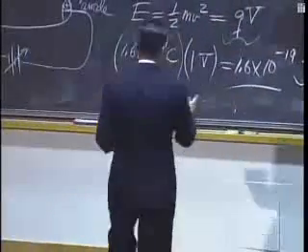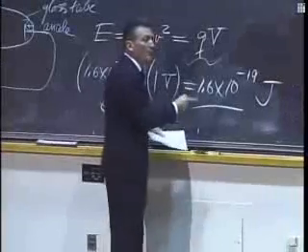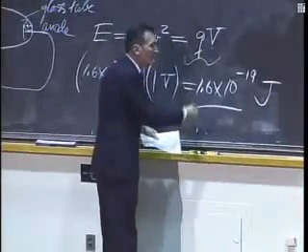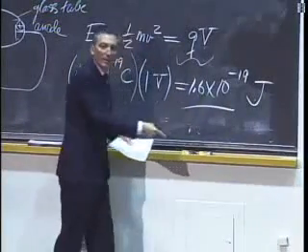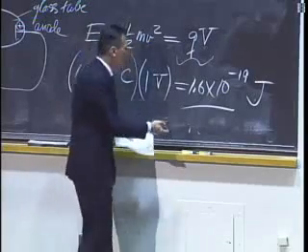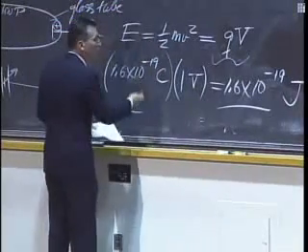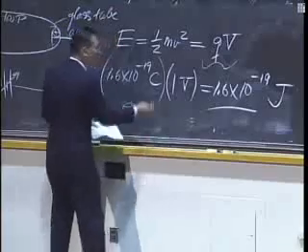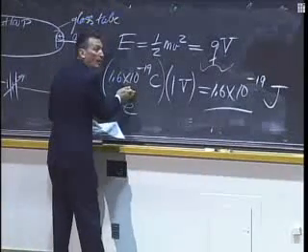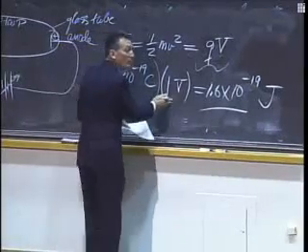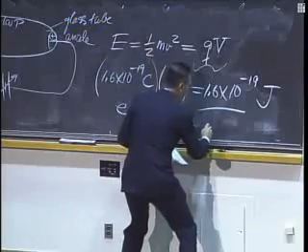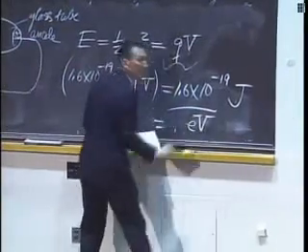So I have an idea. Why don't we define a new unit of energy that is nearer to what we have to measure? And that was done. So what people did is they said, let's define a unit of energy that represents a unit charge accelerated across a unit potential difference, and let's call that the electron volt.